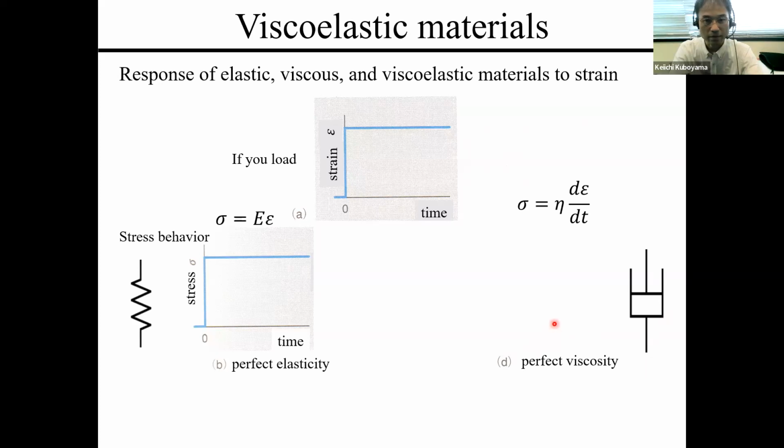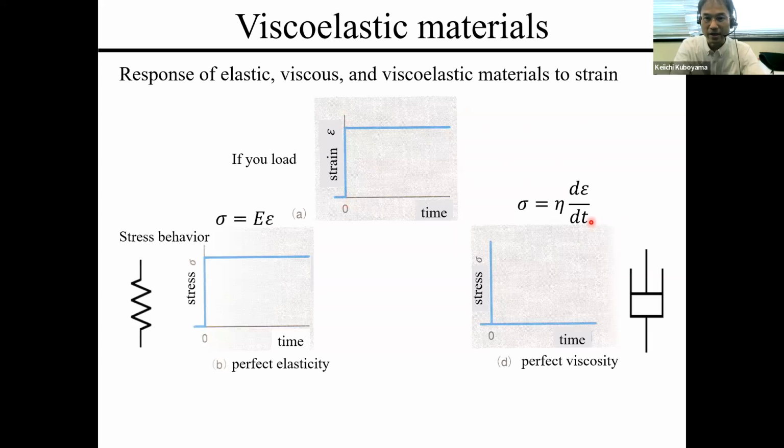Okay, I'll show you the answer. It becomes like this, because the stress in a viscous material is proportional to the strain rate. The strain rate at 0 seconds is very large.